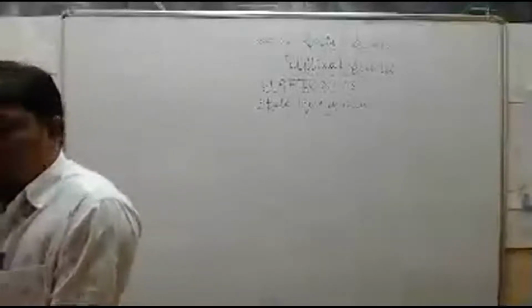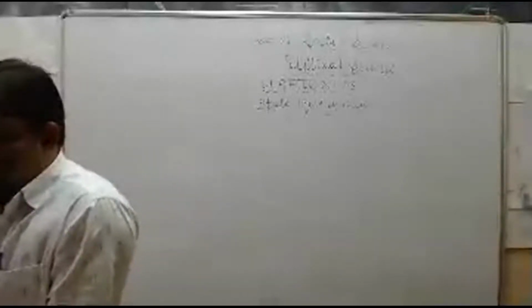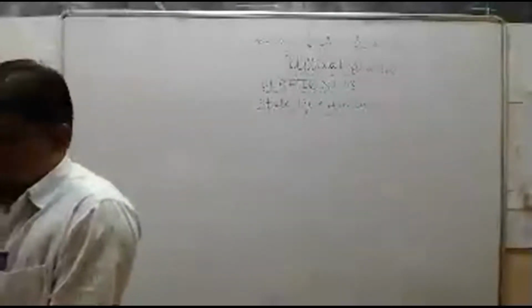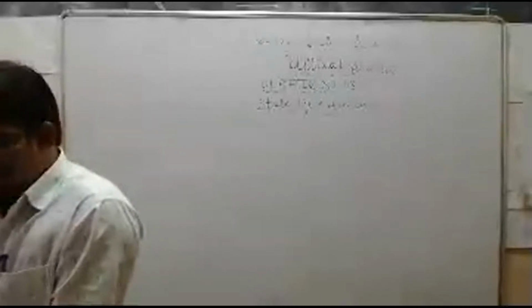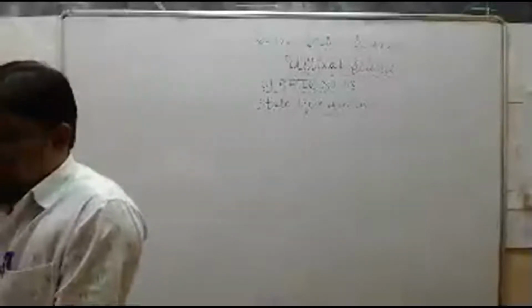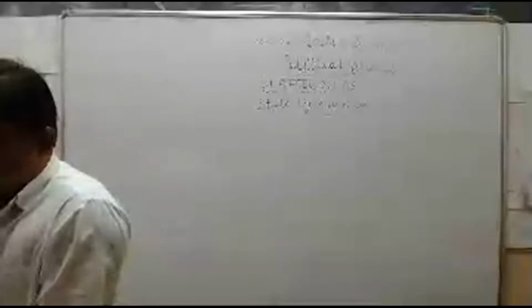Now, what are the qualifications required to become governor, or what is the term of office, salary, perquisites, etc.? First, the person should be a citizen of the country, should not be less than 35 years of age, and should not hold any office of profit under the government. Next, the person should not be a member of either house, whether a member of parliament or of the state legislature.